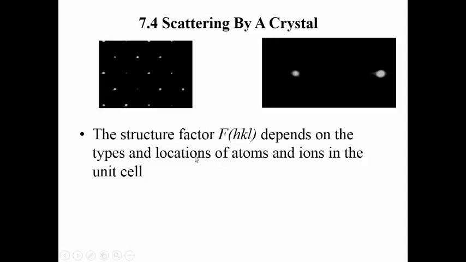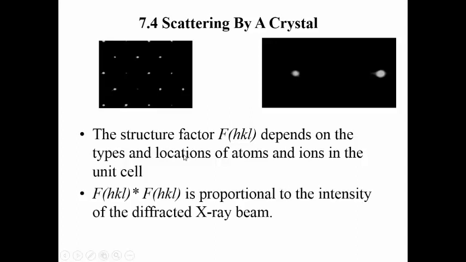And the location: what are the fractional coordinates? Knowing the type of atom and the fractional coordinates of each of the atoms in the unit cell, you can then calculate the structure factor, and then you can take the structure factor times its complex conjugate, and you get a number which is proportional to the intensity of the diffracted beam.